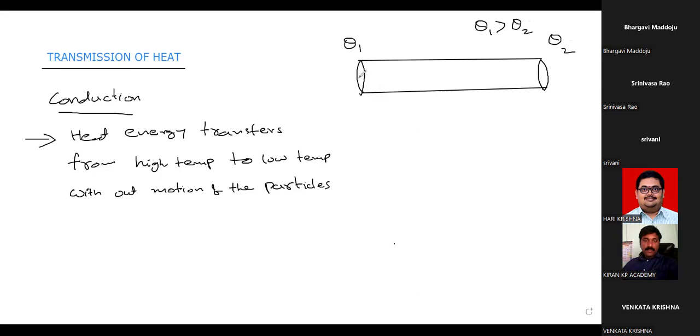Here, these two are the parallel surfaces. A is the area of each surface. L is the length of the conductor.